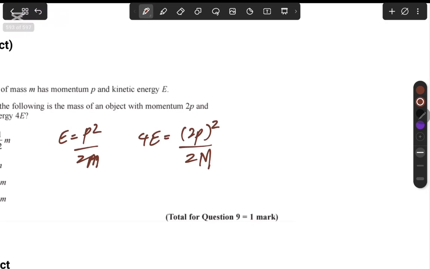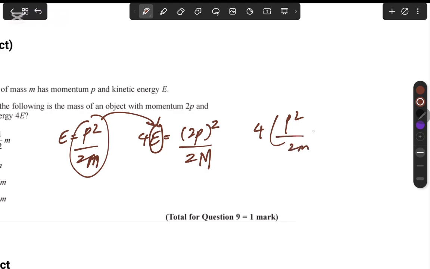Okay, so now instead of E here, I'm going to put this. So we're going to get 4p squared over 2m is equal to 4p squared over 2 capital M. So these two m are different.